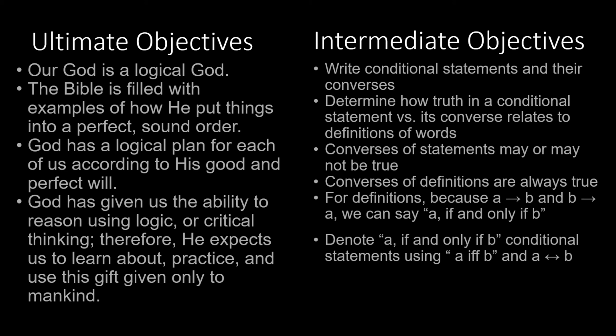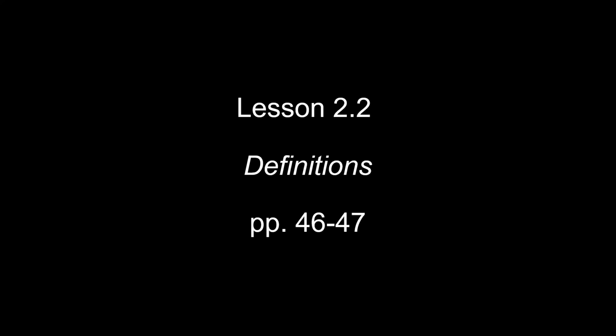We're going to go a little deeper into this idea as well, that when we do have a true converse, then we have something that is A if and only if B. When both the conditional statement and the converse are true, we have something called a biconditional statement, and we have a special way to write that. So this is lesson 2.2, definitions, pages 46 through 47.